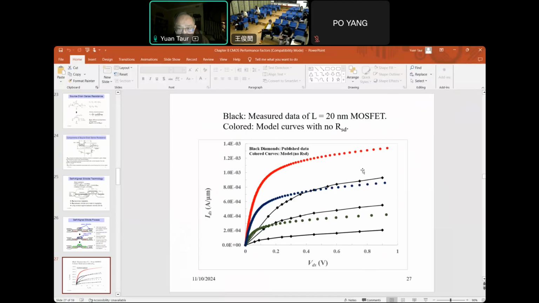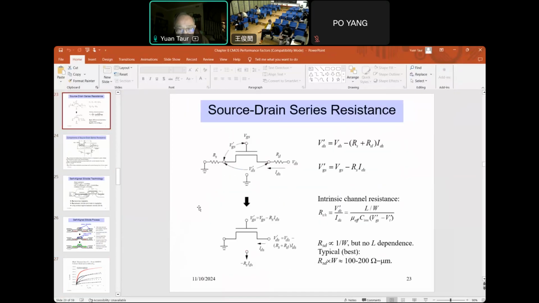And so we can see that RSD has reduced, let's say, the current in the saturation region by about 30% or so. That's this 100 ohm micron.